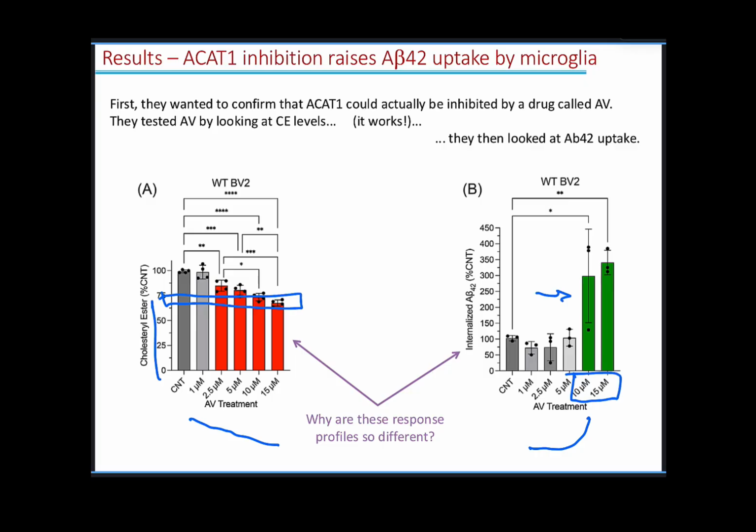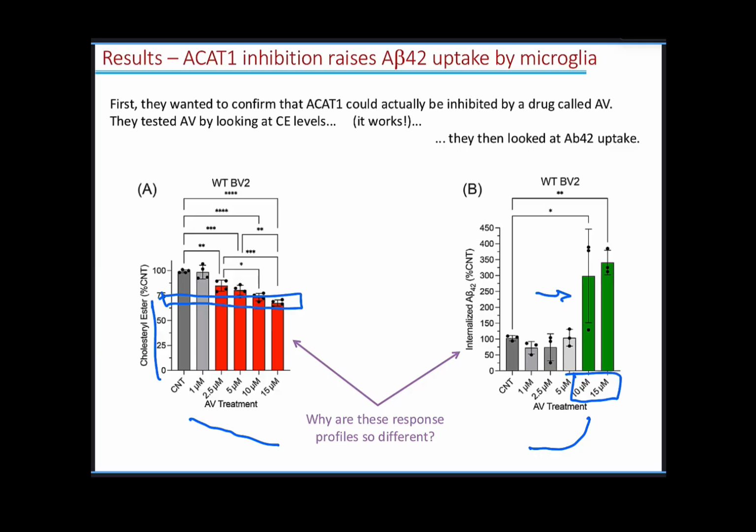What you guys in a way are saying is, Lucy's proposal might explain why effects don't kick in until you reach the 10 micromolar dose of AV when it comes to A beta internalization. That the cells may need to go below a 75% rate of CE for them to say, okay, now we need to take up AB.